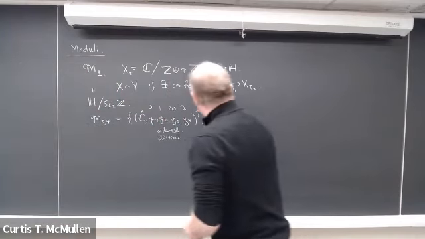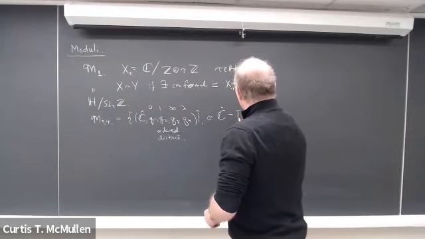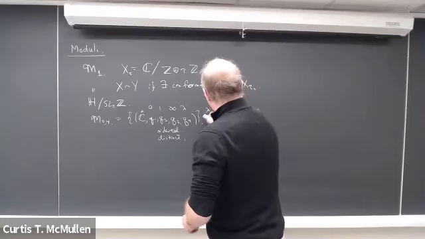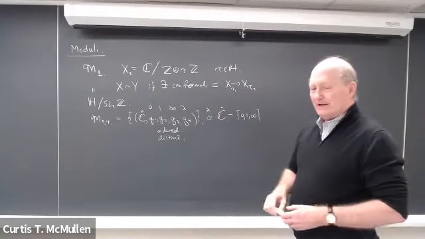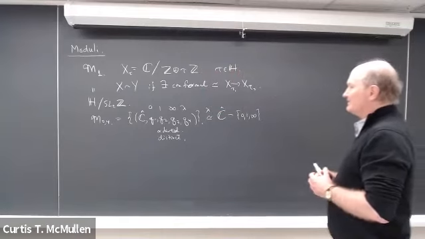And so this moduli space is isomorphic to the Riemann sphere, but we have to remove the points 0, 1, and infinity. And then the isomorphism is given by the cross ratio, lambda. So that's the moduli space of 4 tuples of points on the sphere.